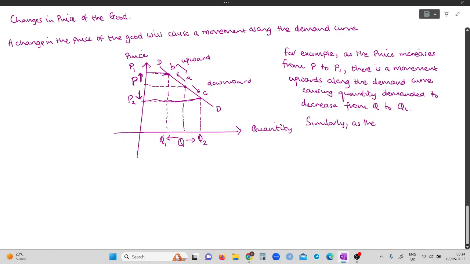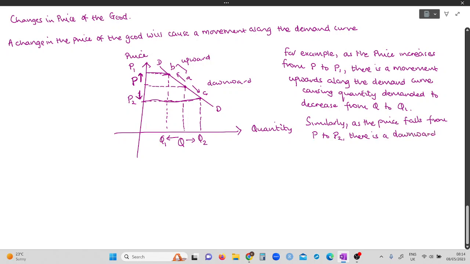Similarly, in a similar way, only the opposite. As the price falls from P to P2, there is a downward movement.